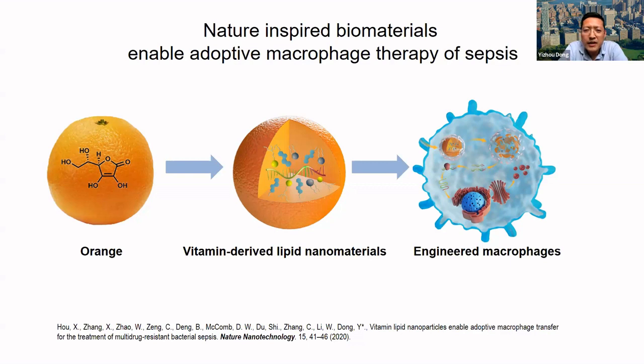Chemically, they possess unique chemical functional groups, such as hydroxyl groups, hydrophilic groups, and charges. All these are very interesting chemical functional groups. We think maybe we can modify those vitamins and make vitamin-derived lipid nanoparticles, and then engineer macrophages for treating bacterial infections.